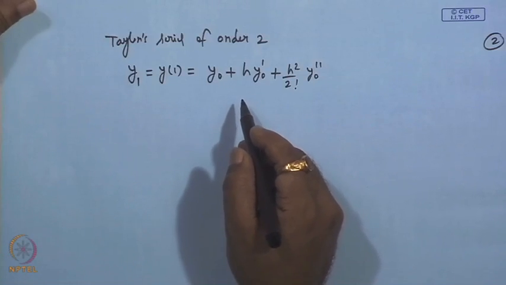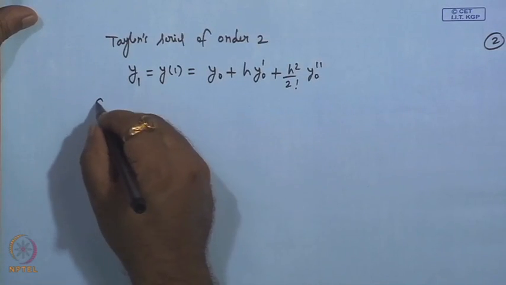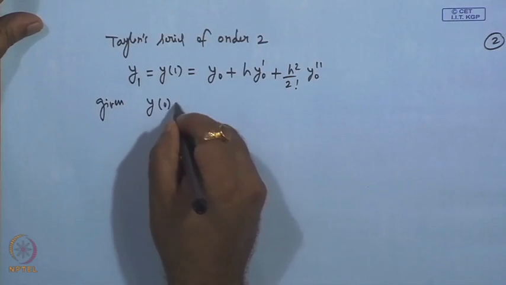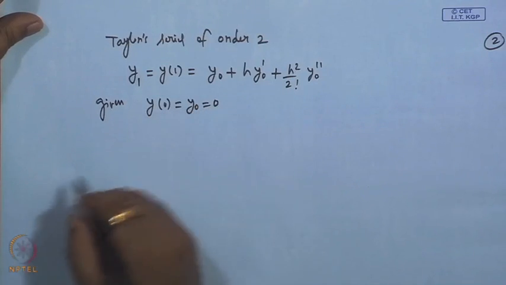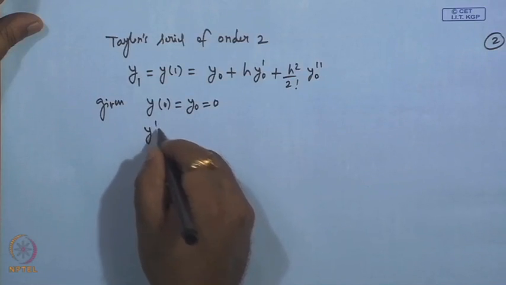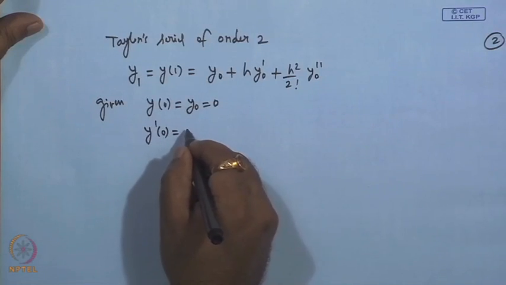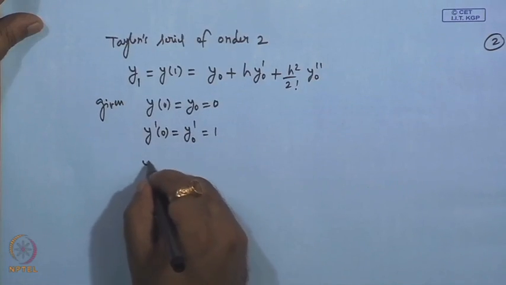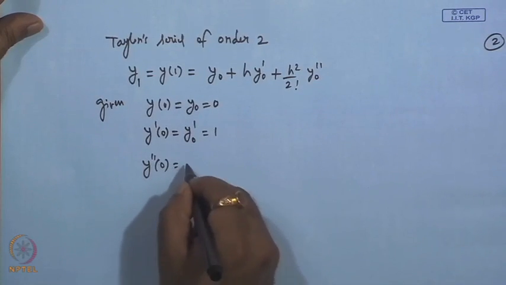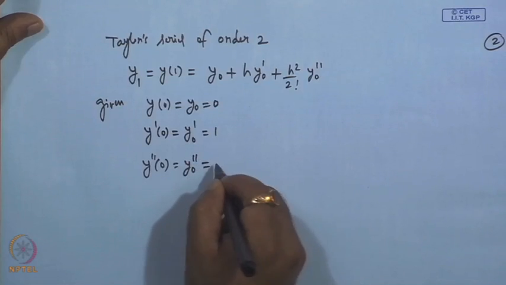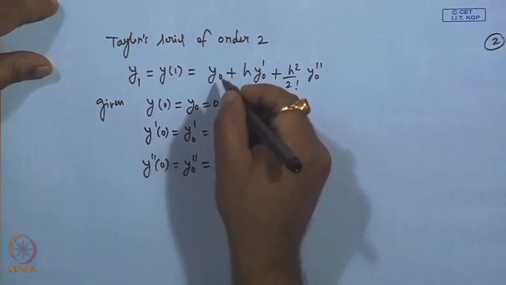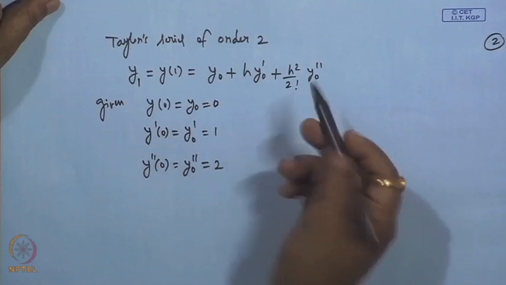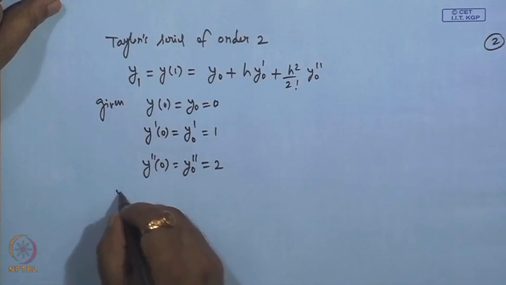Given data: y of 0, y dash of 0, y double dash of 0. So, we have y 0, y 0 prime and y 0 double prime, hence y 1 can be easily computed.